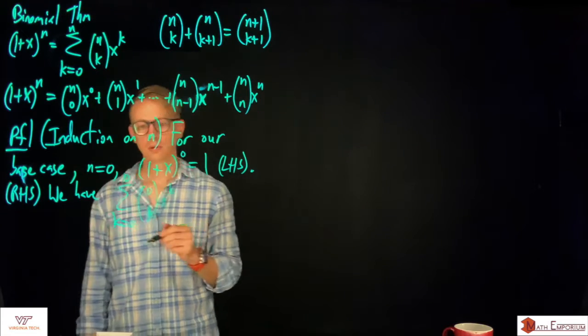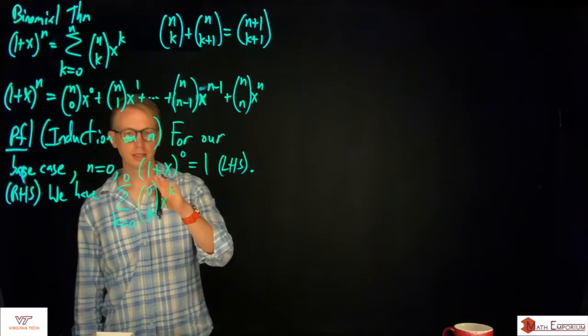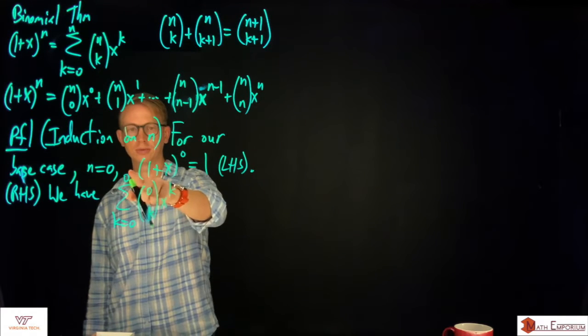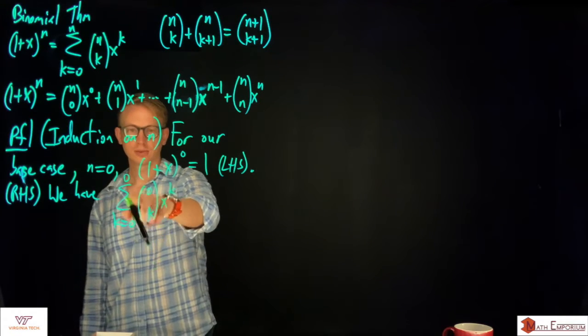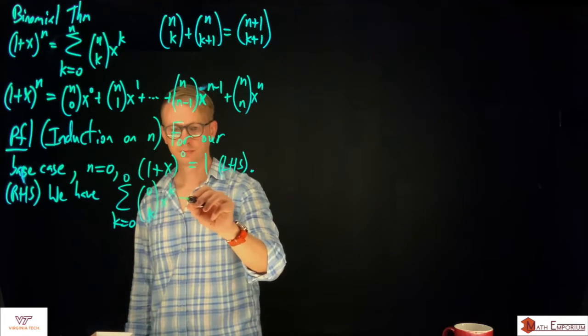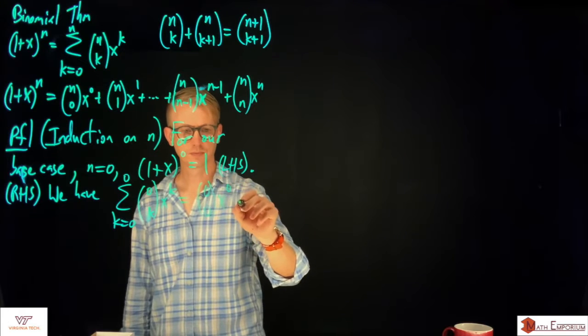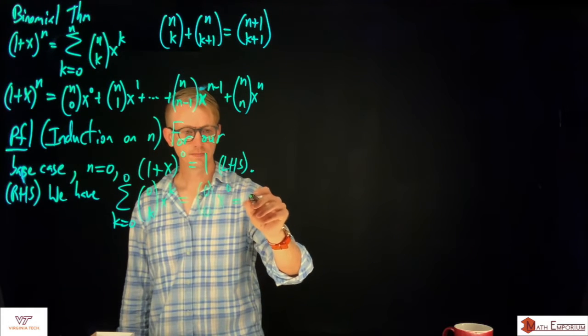Pause for a second: the k is always the index in this summation, and n is equal to 0. So this is a summation with one term. That single term is 0 choose 0, x to the 0, which is 1.